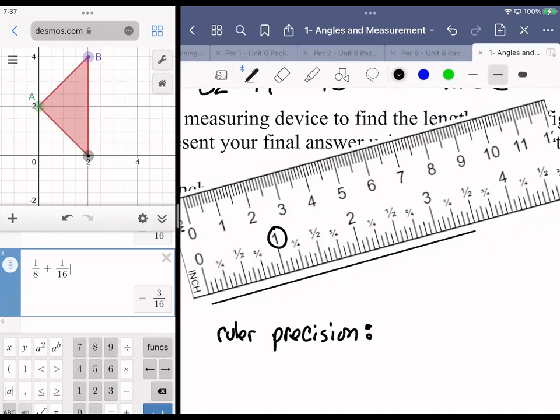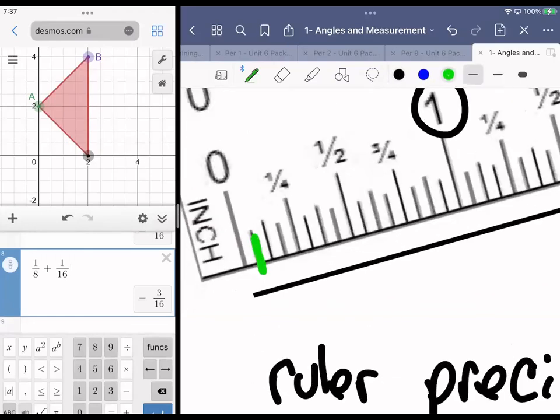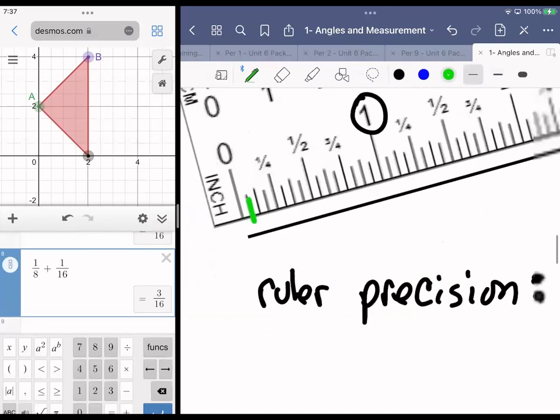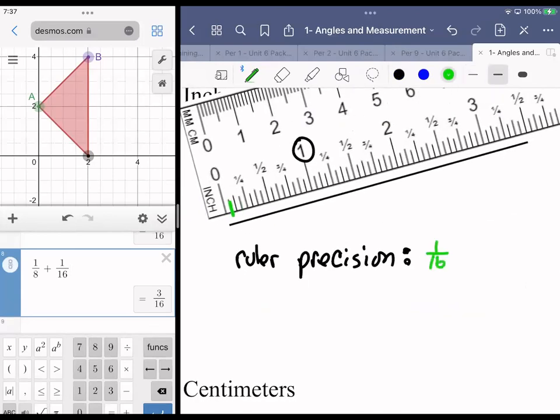So I have 1, 2, 3, 4, 5, 6, 7, 8, 16 of those little tick marks. So each one of these tick marks is worth 1/16 of a unit. And the unit is inches. They told us to measure in inches, so 1/16 of an inch.